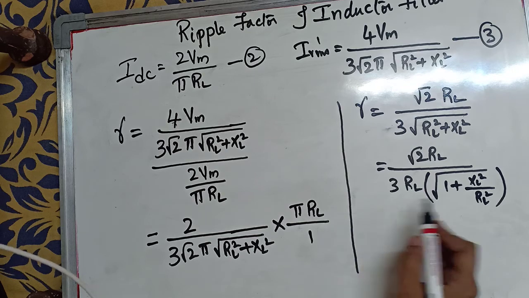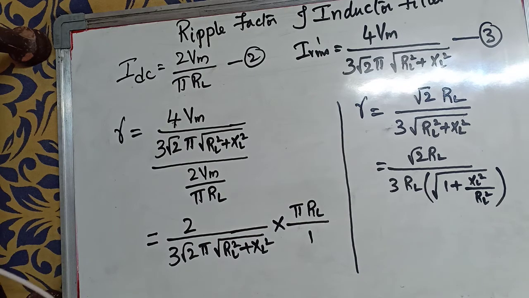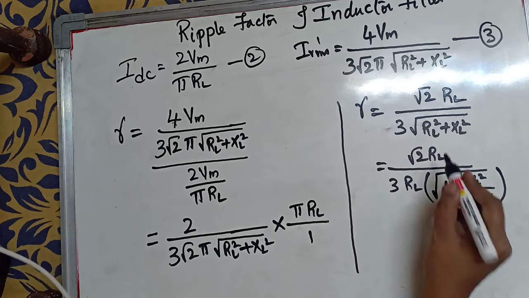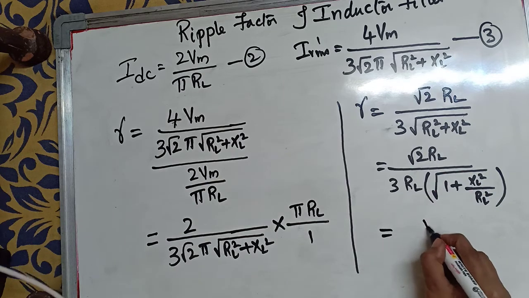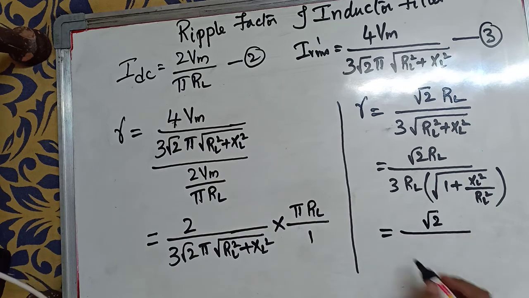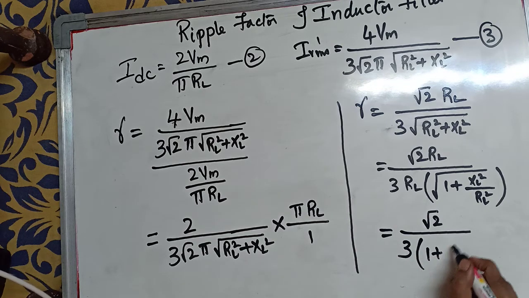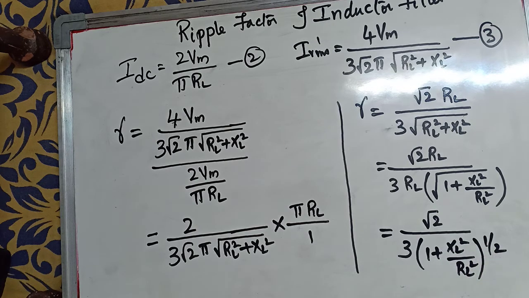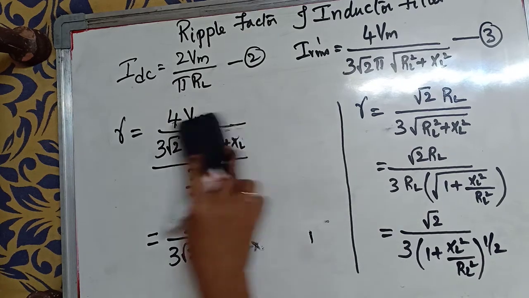Okay, so here I can cancel this RL and I will get root 2 by 3 into 1 plus XL square by RL square, this one to the power of 1 by 2. So again we will further simplify this equation.